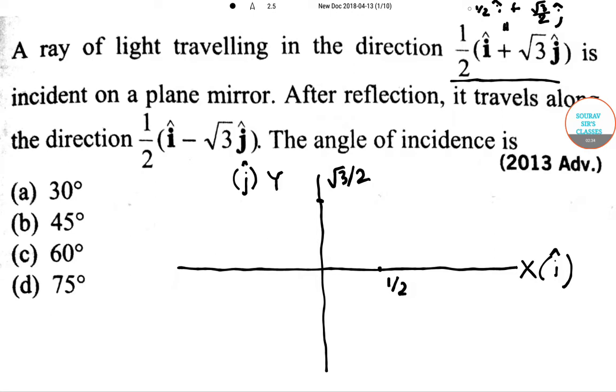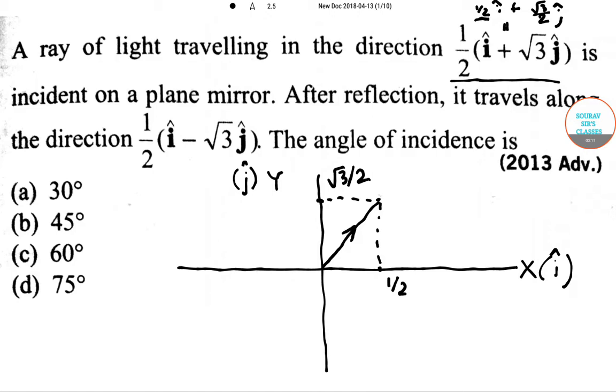Hence we are taking the x part or the i cap part of this expression as plus half and the j cap part of this path of incident light as root 3 by 2. Hence from these two we can easily evaluate the direction of incident light, and that is in this direction.